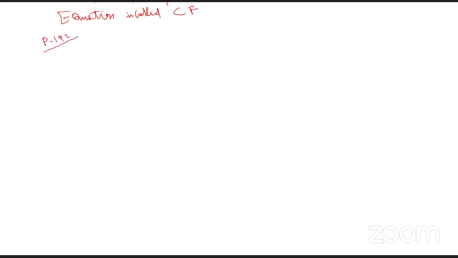Solve d square y by dx square minus 5 dy by dx plus 4y equal to 0.